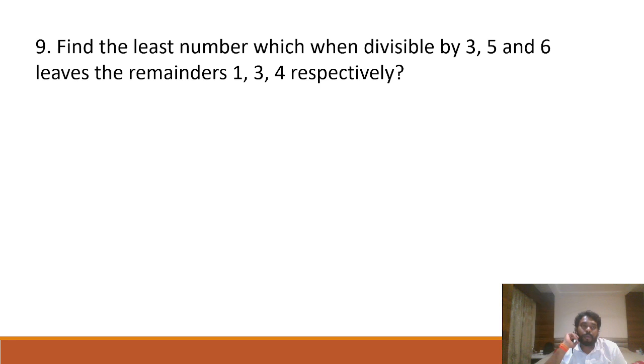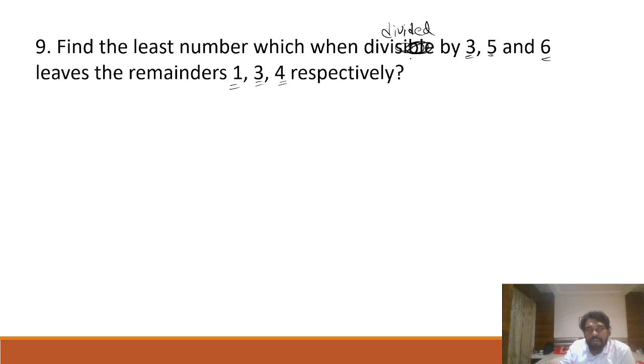This is one more model, guys. Find the least number which when divided by 3, 5 and 6 leaves the remainders 1, 3 and 4 respectively. So he's telling when you divide by 3 you are getting remainder 1.